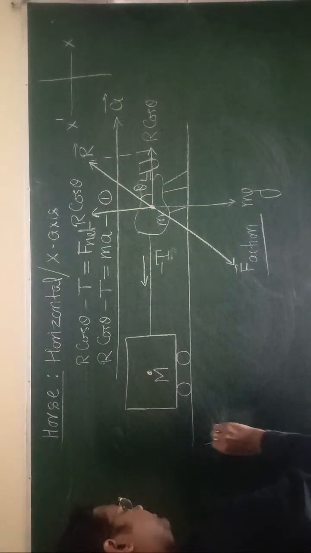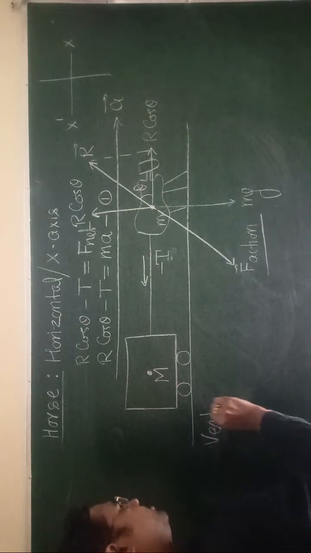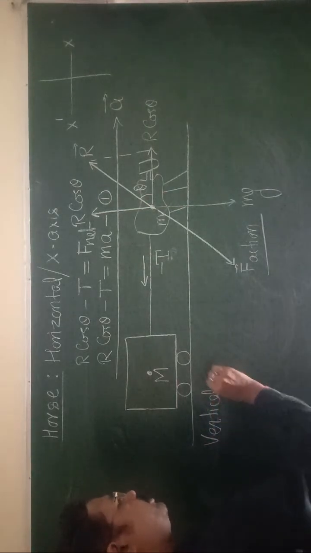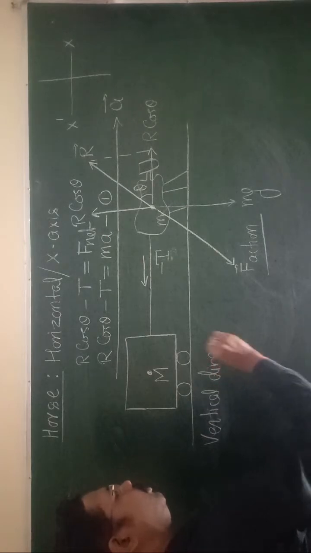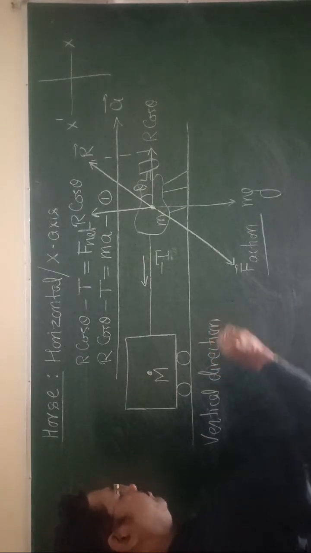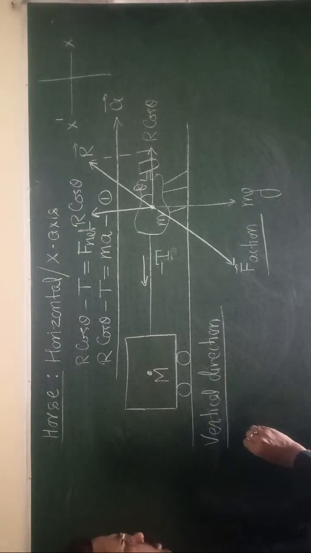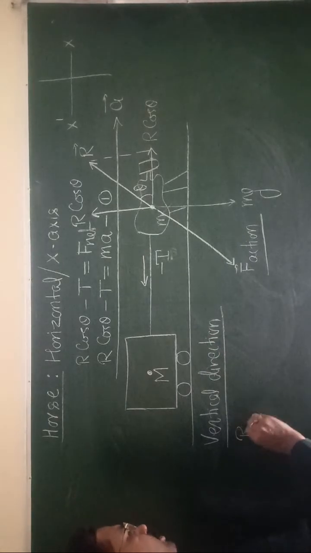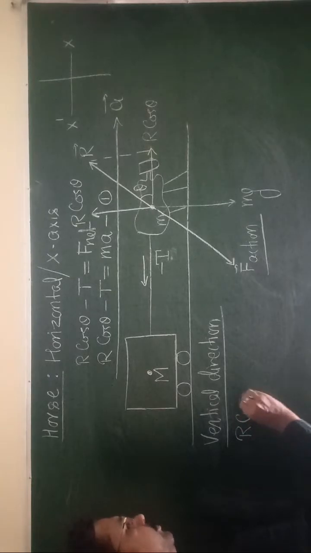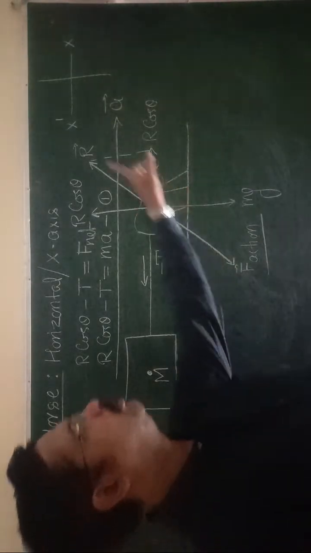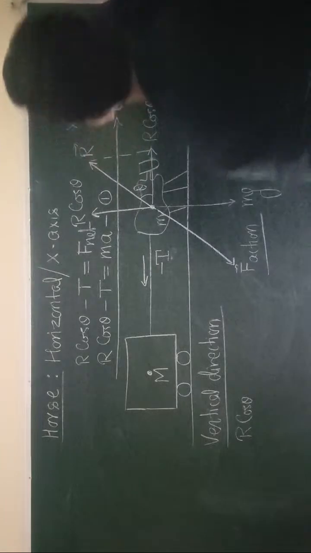So in the horse, vertical direction or in the y-axis, how many forces are acting? Suppose R sin theta is positive in the y-axis.